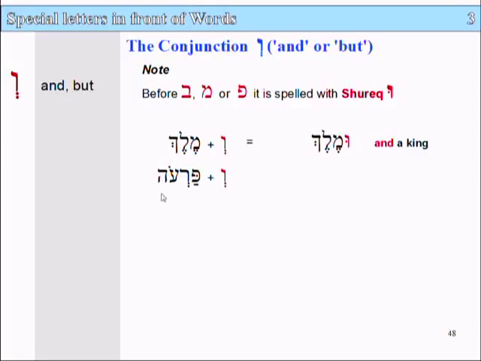We add the vav to it, and it becomes Uparo, and Pharaoh. It's still the oo sound because it's in front of a pay.